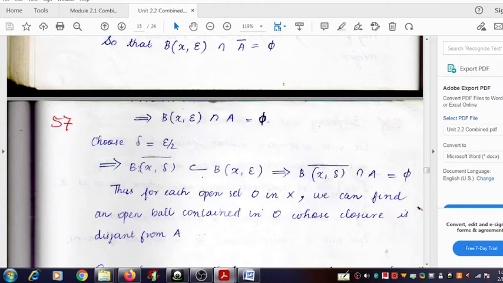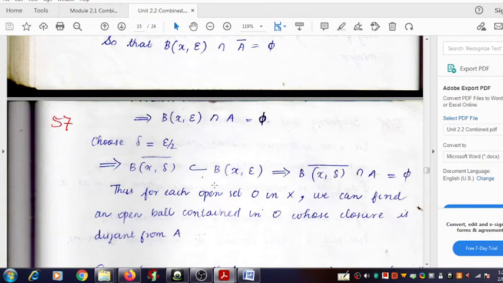Now think about the closure of B(x, delta). It's a closed set, so it contains all its boundary points. The closure of B(x, delta) is very well inside, a subset of B(x, epsilon).